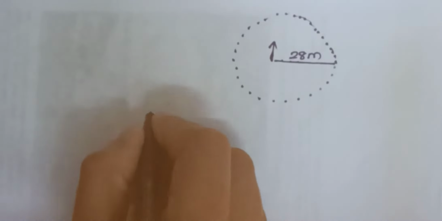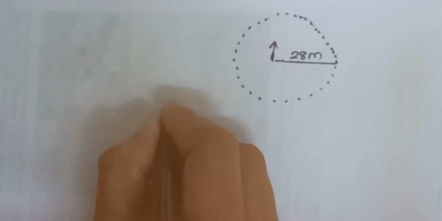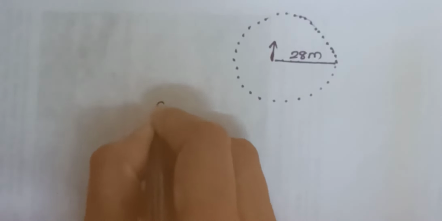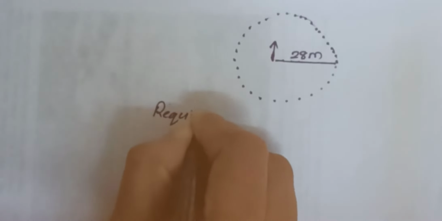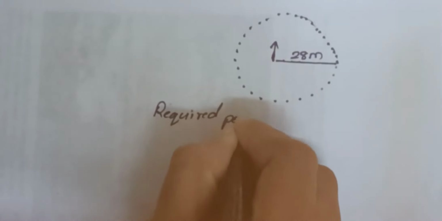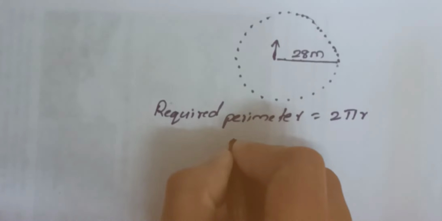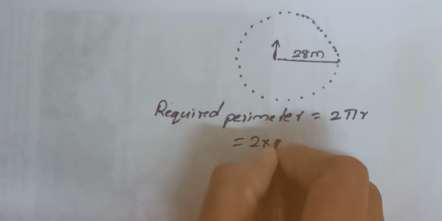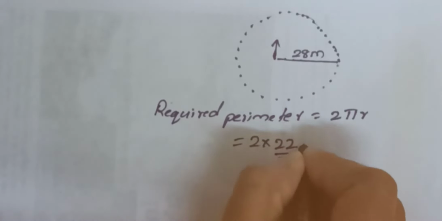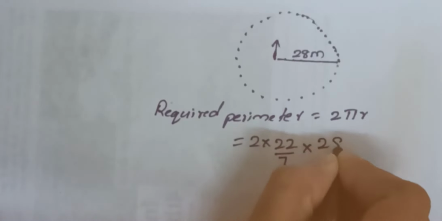And the formula for the circumference of the circle is, see, required perimeter here is equal to 2 pi r, and we can use the value 22/7 for the pi, and radius is 28.